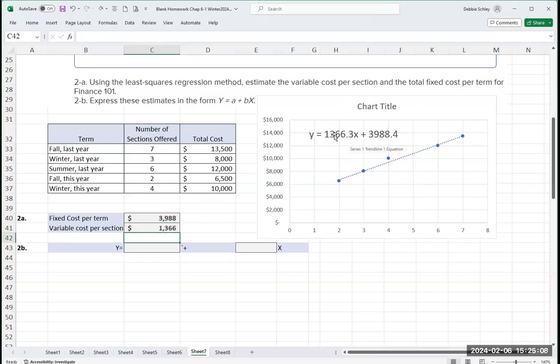Right, because rounding that makes it 1366. Okay, and then again, they just want you to simply put those numbers into this formula. So my fixed is 39. Actually, I'm just gonna equals this one, and then my variable portion is right there. Just remembering where those go in the formulas. Now I'm going to give you the heads up, you need this formula to answer question 8.